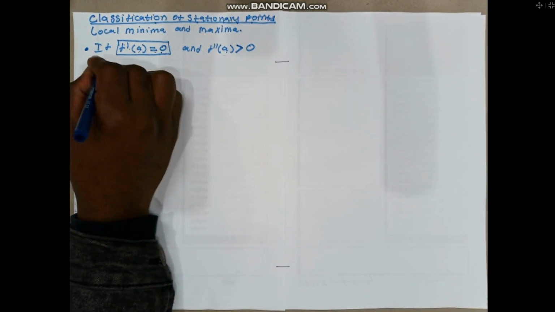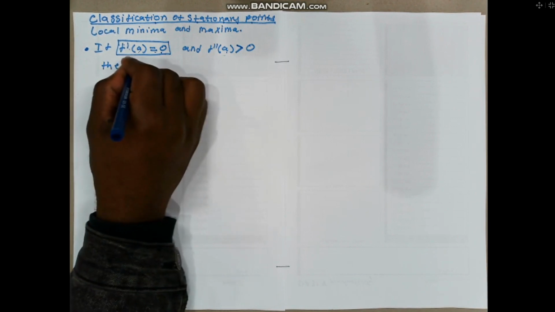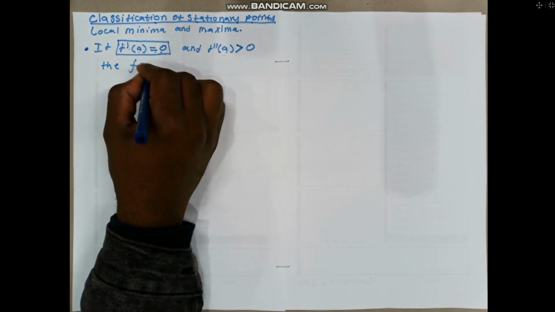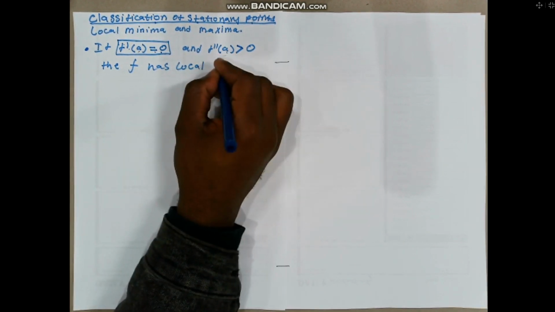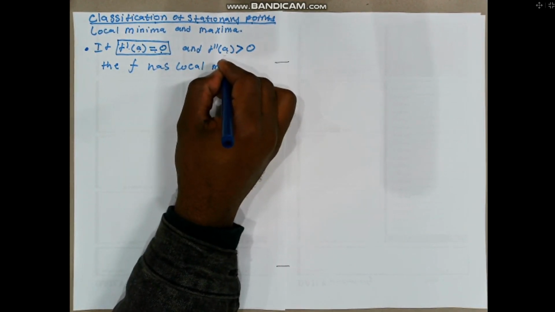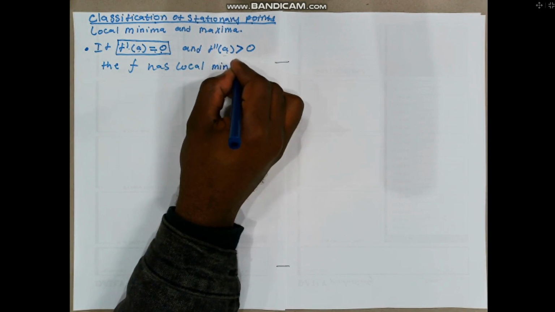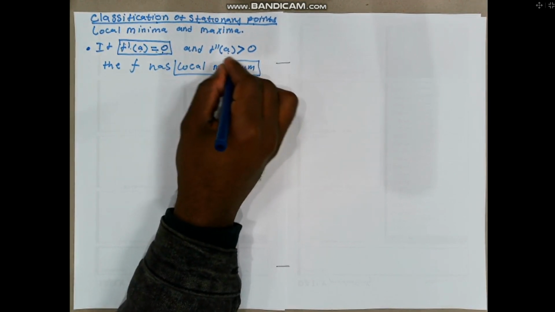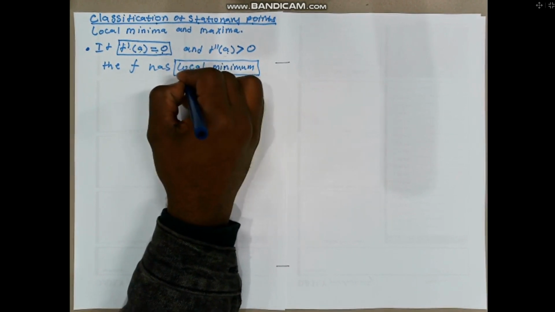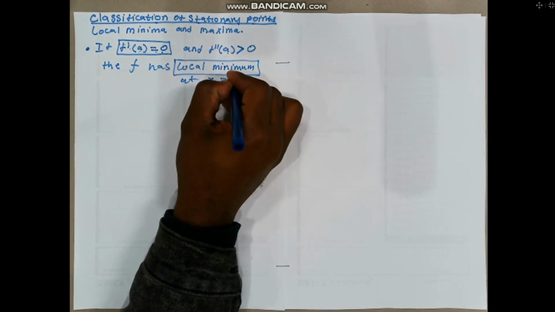Then your f has a local minimum at x is equal to a.